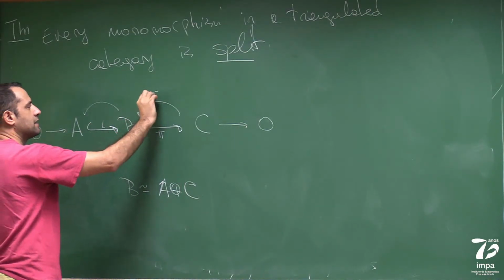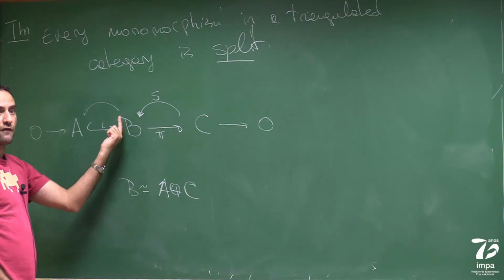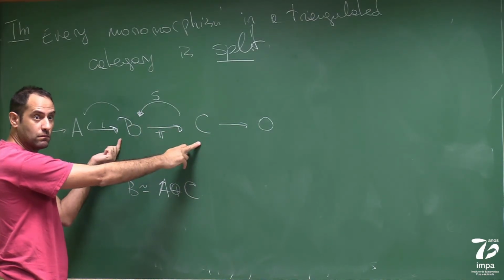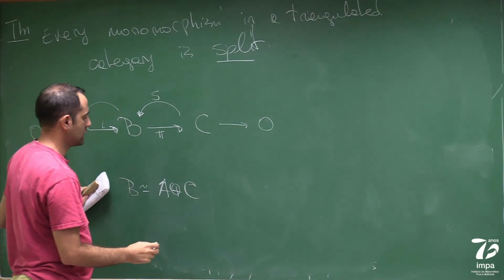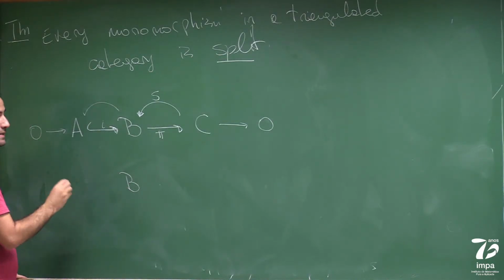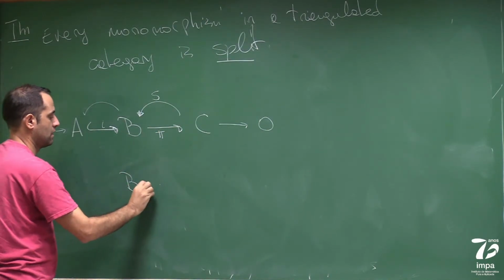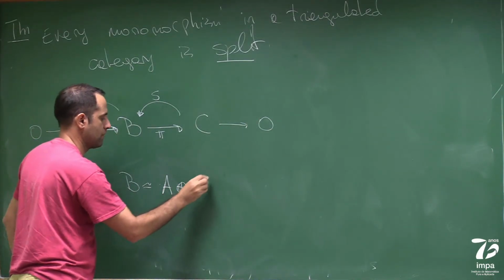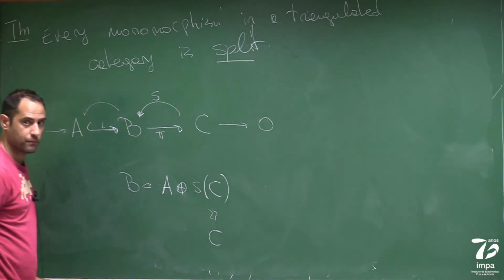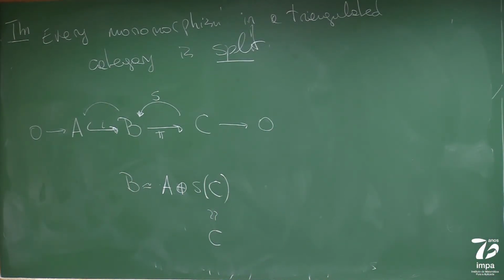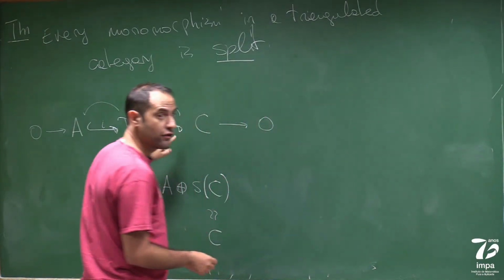This is my injection, and this is my splitting, S. Then I look at the image of S, and since this is the identity of C, that image of S is isomorphic to C. So this B has inside it A, and it has inside the image of S, and this is isomorphic to C. So what I want to prove is that this S exists in K, and this S always exists in the category K.